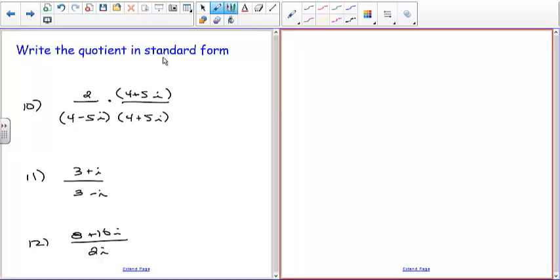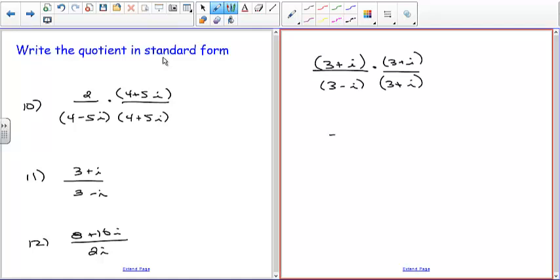Okay, next one, same kind of deal. 3 plus i in the numerator, 3 minus i in the denominator. So you multiply by the complex conjugate of the denominator in both the numerator and the denominator.